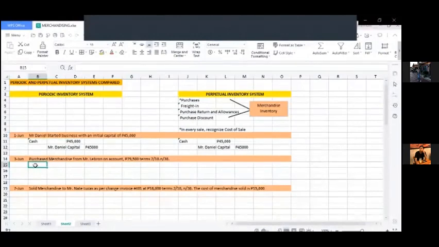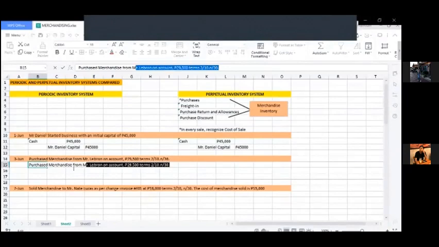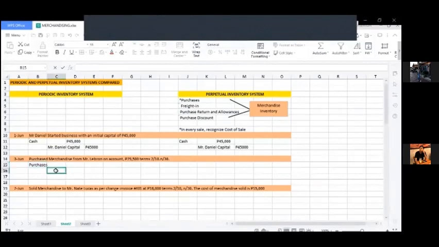Debit purchases, and credit, ano yung i-credit natin?